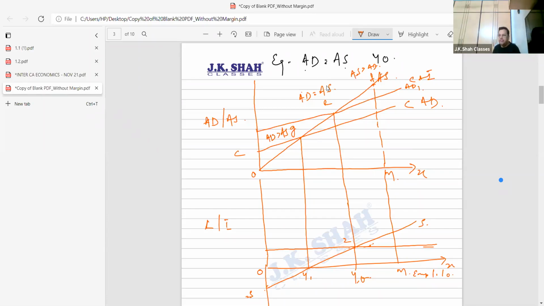The total value of which is national income. Full stop. This income will be used for consumption and savings.